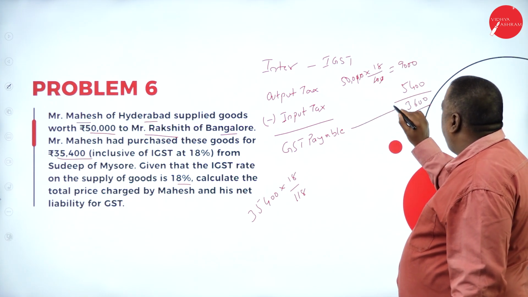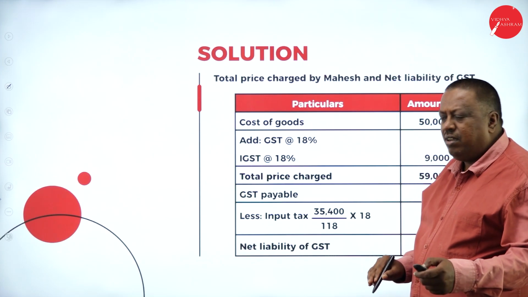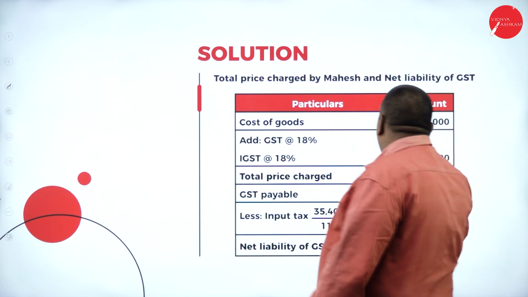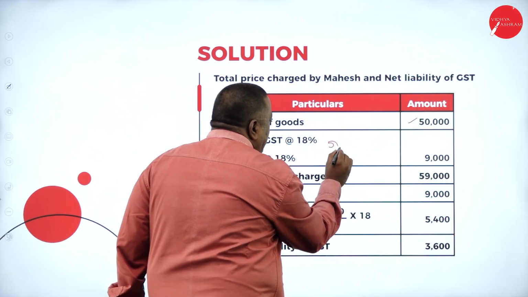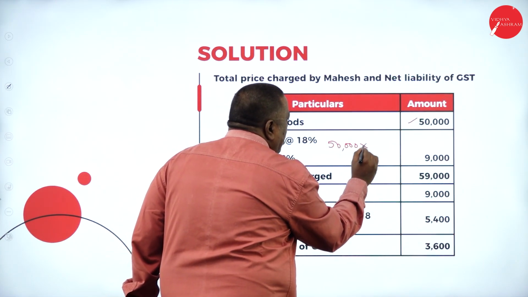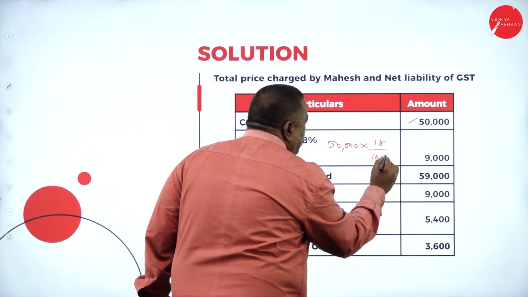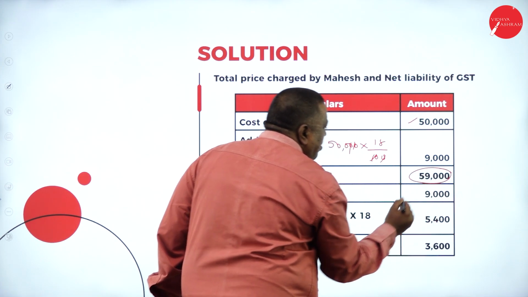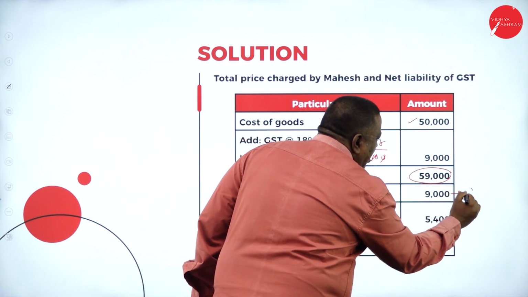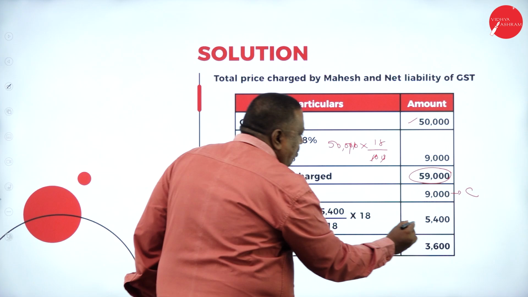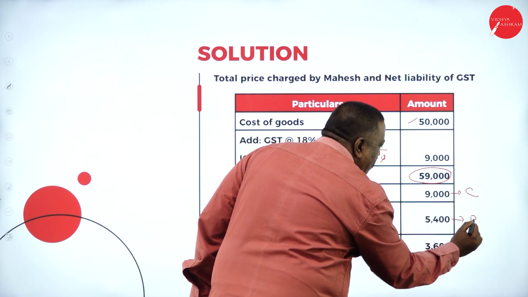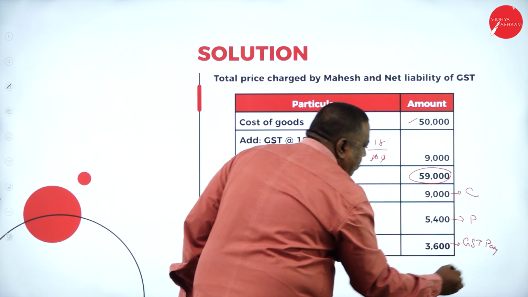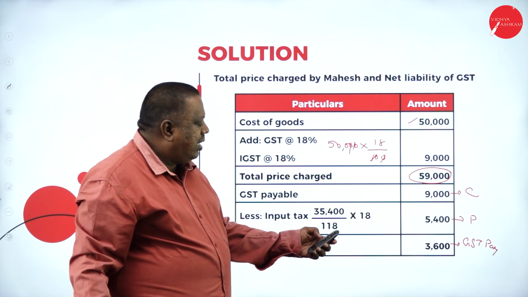So the GST payable will be 3,600. See, on 50,000 I am collecting tax: 50,000 into 18 by 100, the zeros get cancelled, 9,000. So the total value of the product is 59,000. I have collected 9,000, but 5,400 is already paid, so the remaining GST payable will be 3,600.